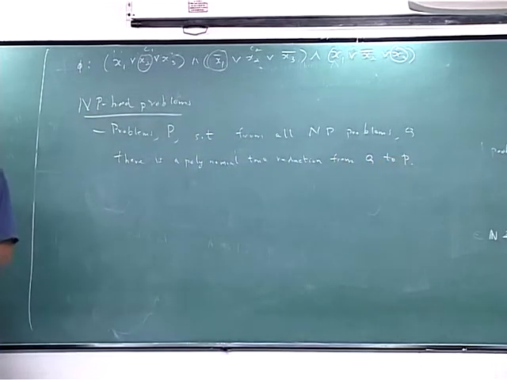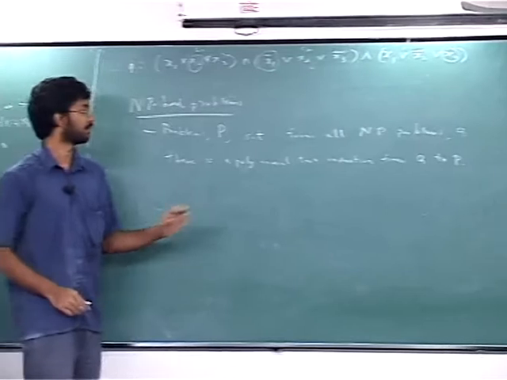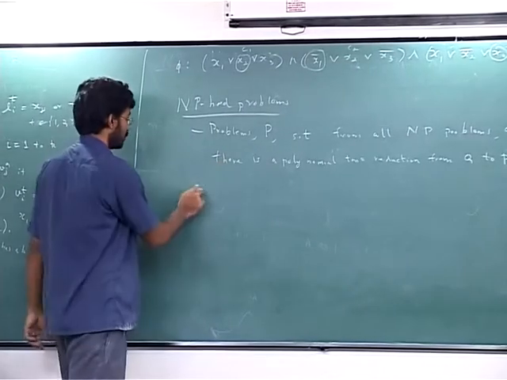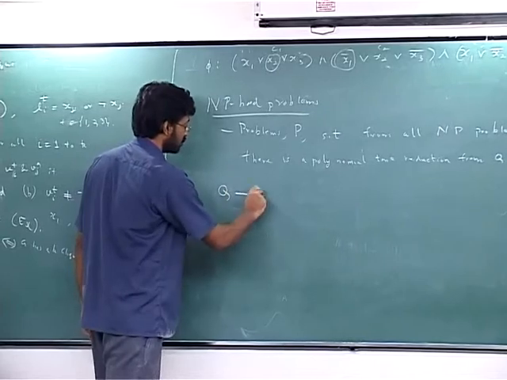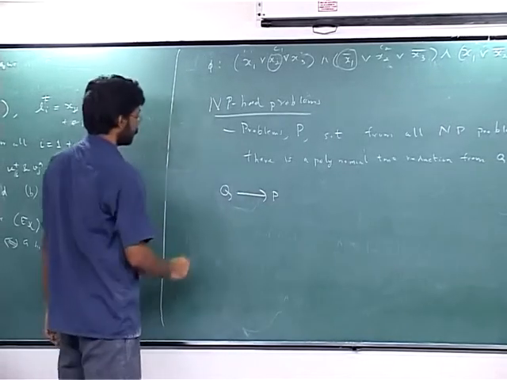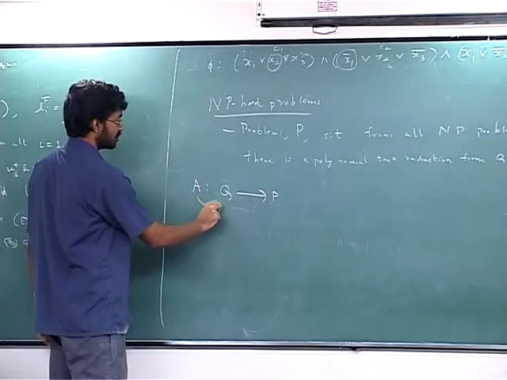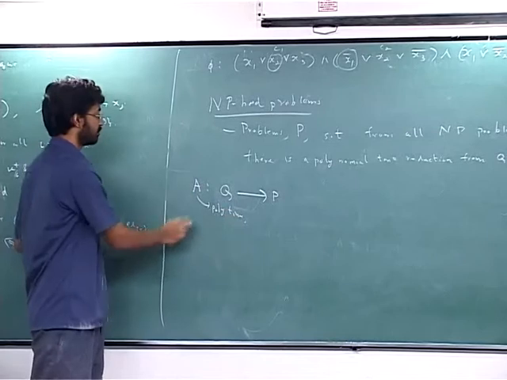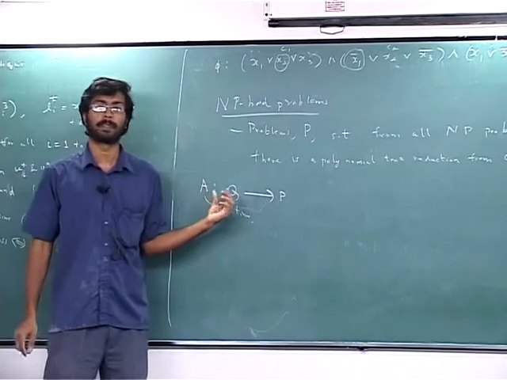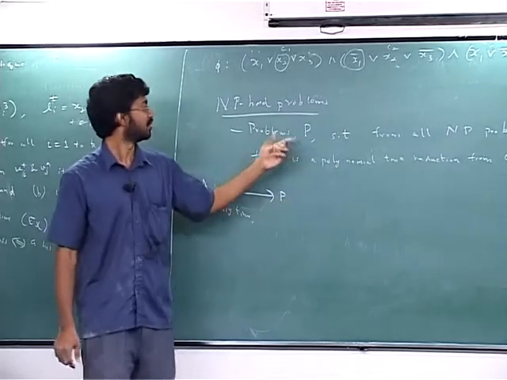NP-hard problems are problems such that there are polynomial time reductions from any NP problem to P. There are polytime reductions from all NP problems to the problem P.